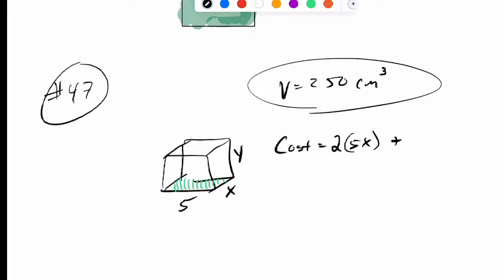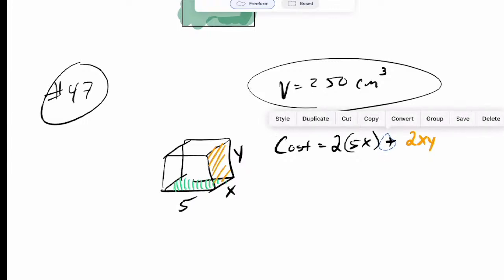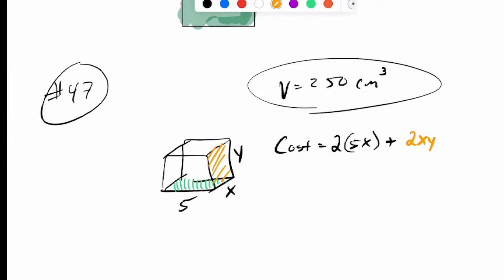Plus the sides are different. I've got the side here, which is going to be xy, and there's 2 sides to that, so it'll be plus 2xy. This is 2xy right here and here.